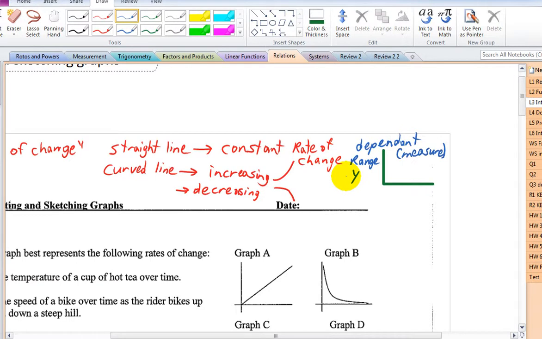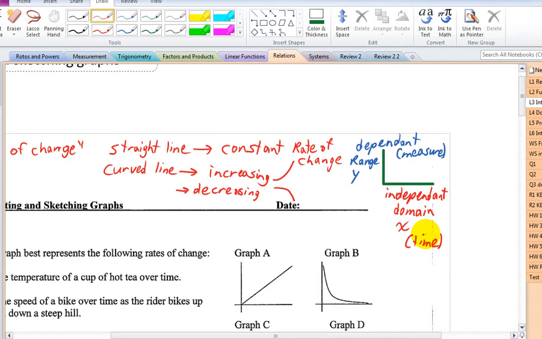It's your y values. On the other axis, we have our independent. And this is called the domain, and it's your x values. Time is almost always, 99.9% of the time, right there.